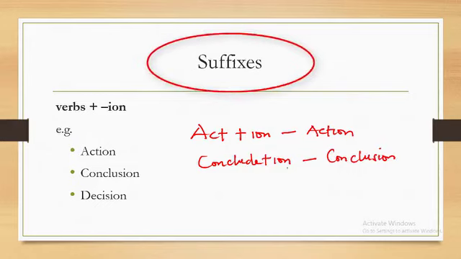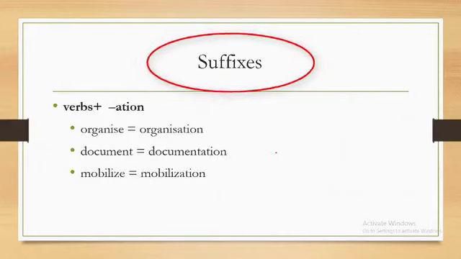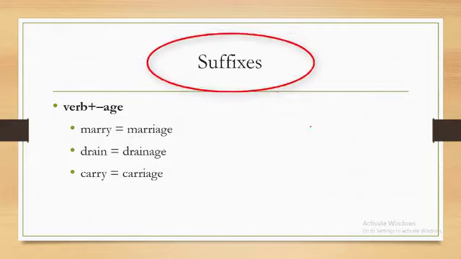And we have decide plus ION becoming decision. We then have organize plus ATION becoming organization. So we have document plus ATION becoming documentation.